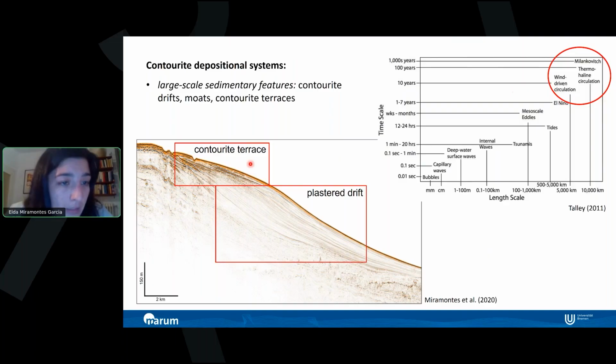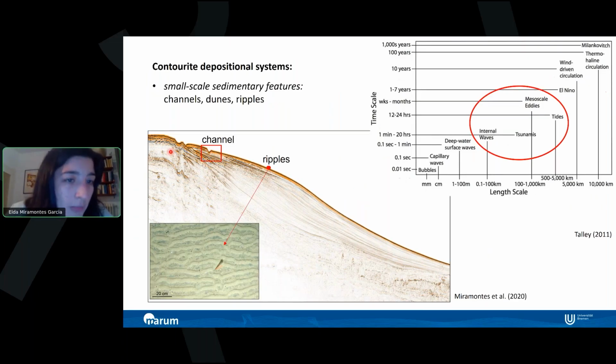But if we look in more detail at higher resolution at these structures, we start seeing some small channels, some ripples, some bedforms, and then we start having more and more information from this kind of deposits because technology gets better and we manage to image the seafloor in different environments at higher resolution. And these deposits are typically formed by internal waves and other high frequency processes.